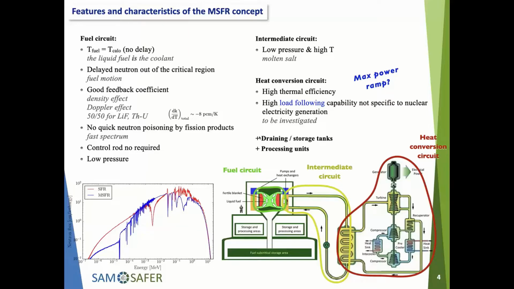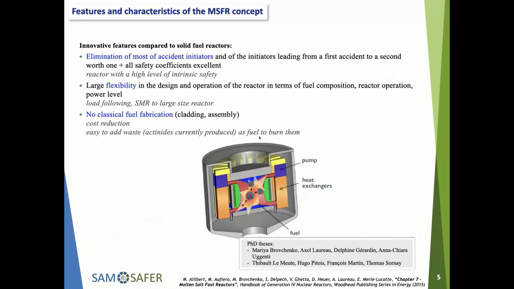So to continue with the specification of the molten salt fast reactor, the innovative features of such a reactor compared to solid fuel reactors are the elimination of most accident initiators. For example, we have no control rod, so no rod ejection. We have also worked on the initiators, reducing those leading to a first accident and then to a worse second one.